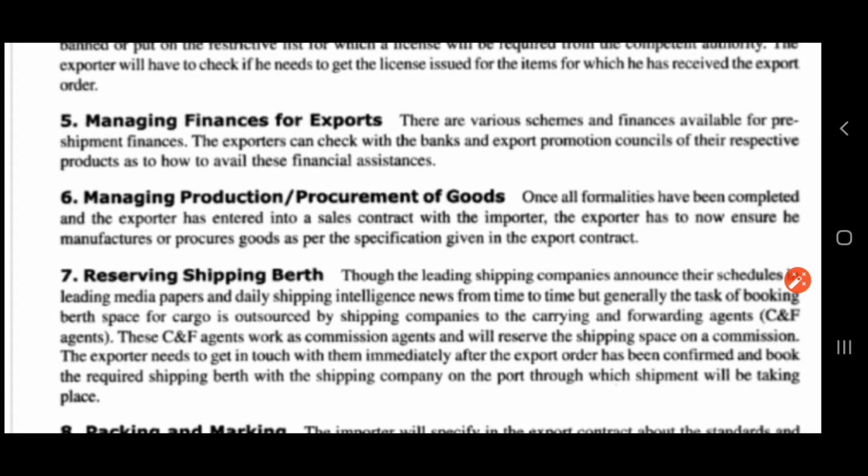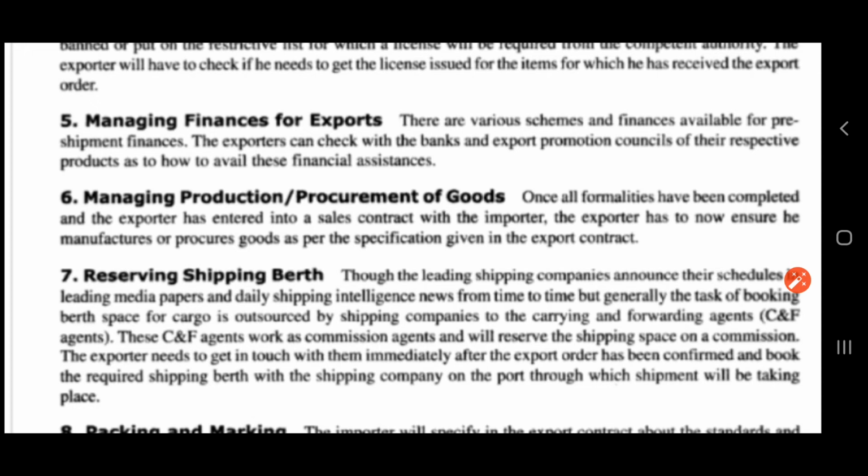The money involved in the process of this exports. The government facilitates various financial assistance to the exporters for few kinds of products, where the government encourages manufacturing in the home country in order to increase the exports. For such kind of products, there will be some financial assistances, like few schemes which provide financial support to the exporters.